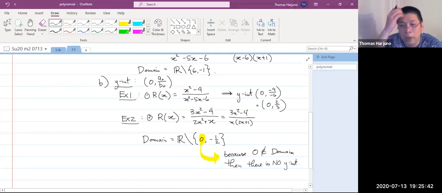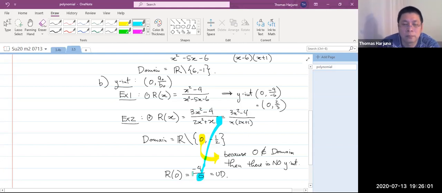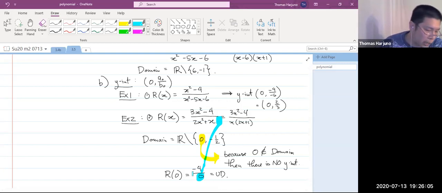Now you can try R0. When you see R0, that will be negative 4 over 0. That's undefined, right? And if you think about it, it has something to do with the fact that the constant on the denominator is 0. Okay, that's for the y-intercept.